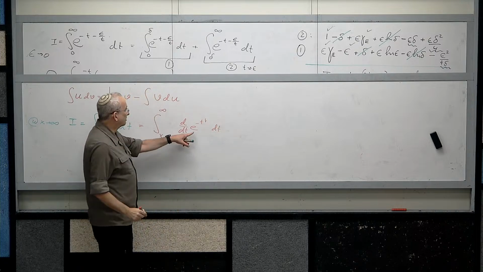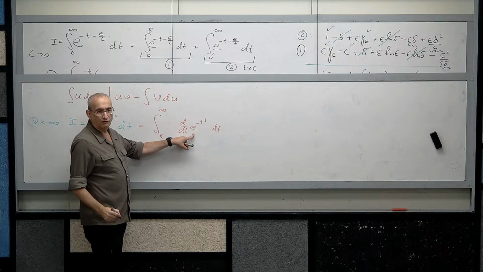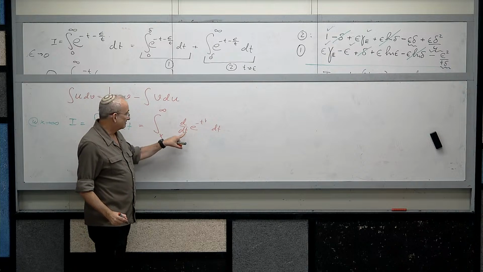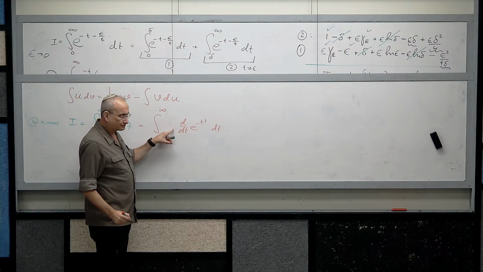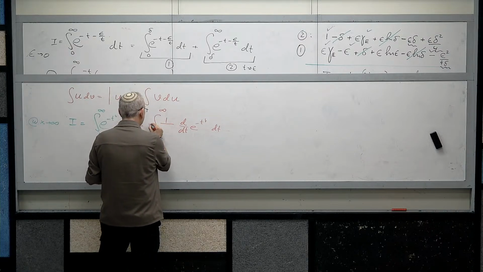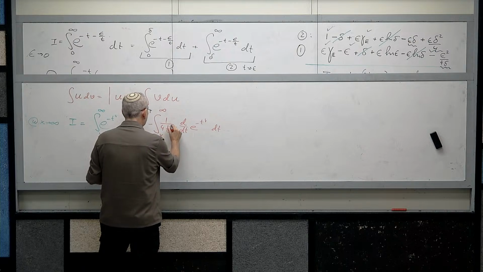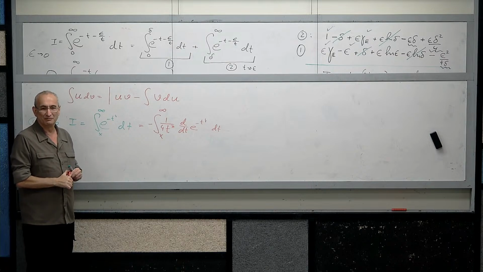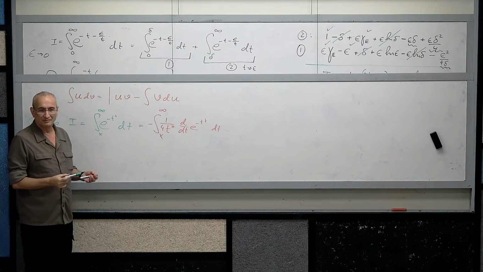Now, d/dt of e to the minus t to the power of 4 will give me minus 4t cubed in the parallel term. So I have to divide by it. Okay, this is just an algebraic manipulation. Same thing.